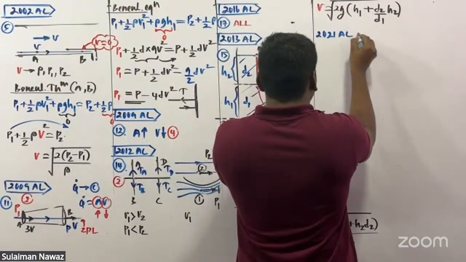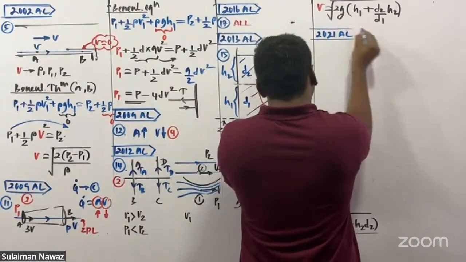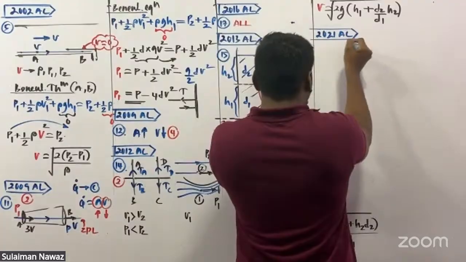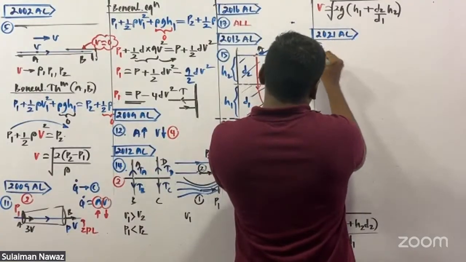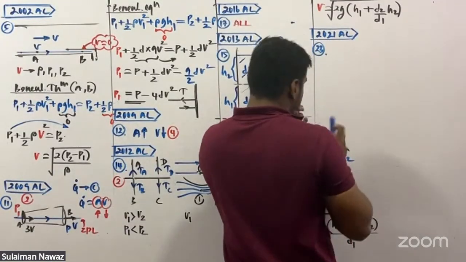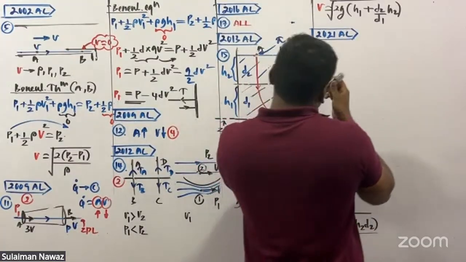2021 A level, question number 23. Okay, I draw a house. That's a roof.